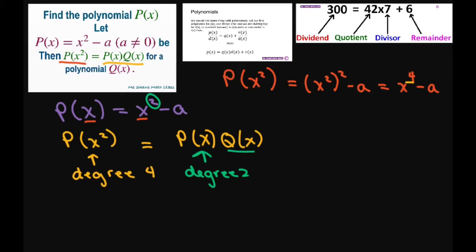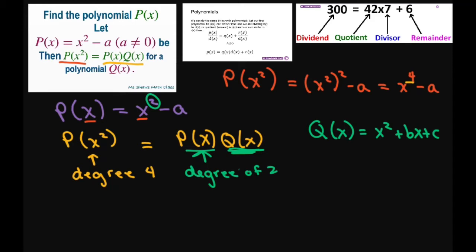Let me leave a little space right here. If we multiply these two, this q of x is also going to be degree 2. So we're going to let q of x equal x squared plus bx plus c.